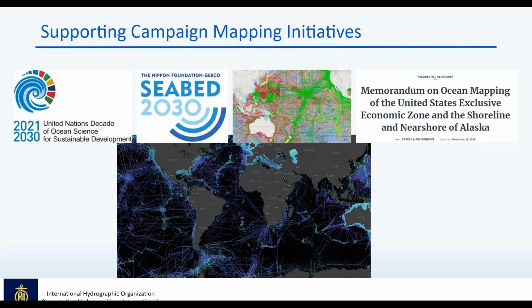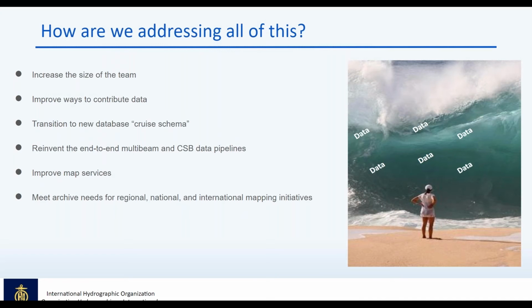To be able to accommodate existing infrastructure challenges, as well as these mapping efforts, we have created a plan to increase the size of our team, improve ways to contribute data, transition to a new flexible database schema, reinvent our end-to-end Bathy data stewardship pipeline, and continue to improve our map services. We are also committed to working with our partners to gather and implement archive, discovery, and access needs for Seabed 2030 and NOMAC.